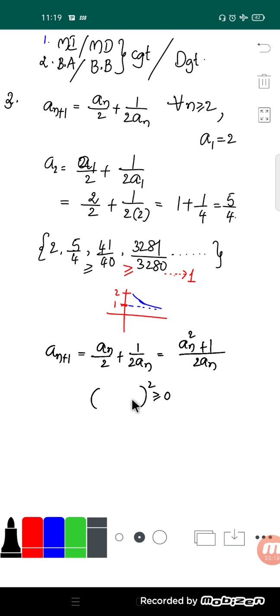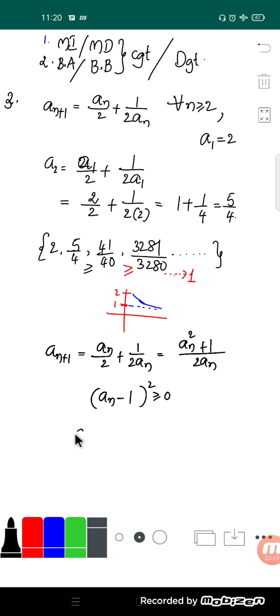So in that sense, I will substitute an minus 1. This is because I know the proof, but to make it simple, I will show you how I arrived at that understanding. The square of a number is always greater than or equal to 0.